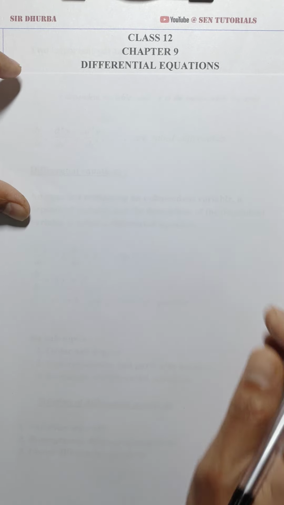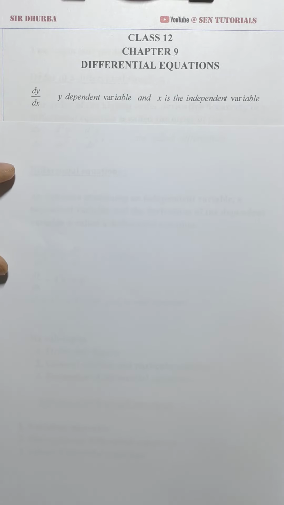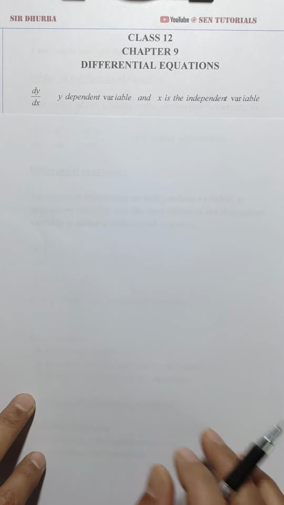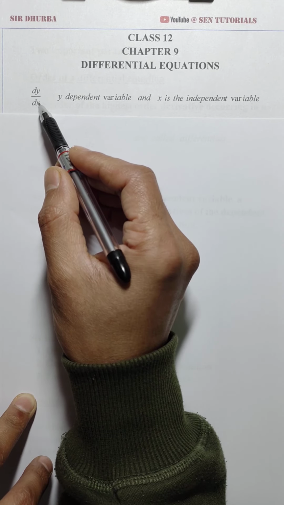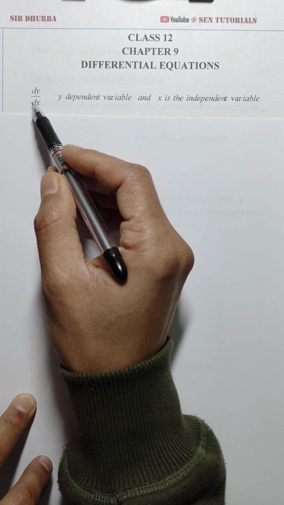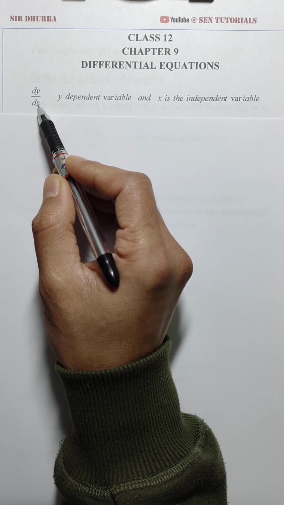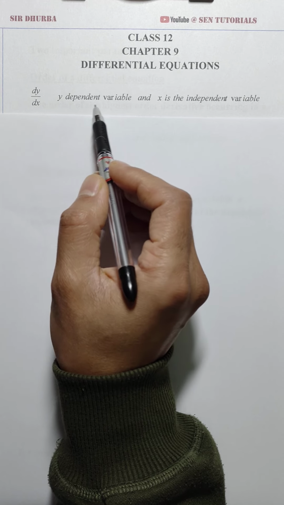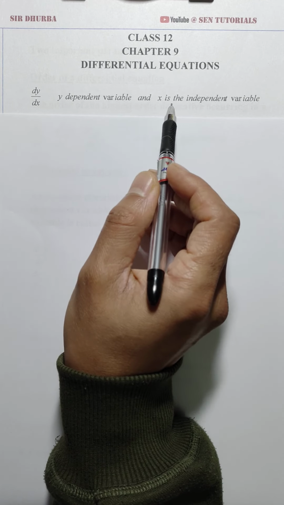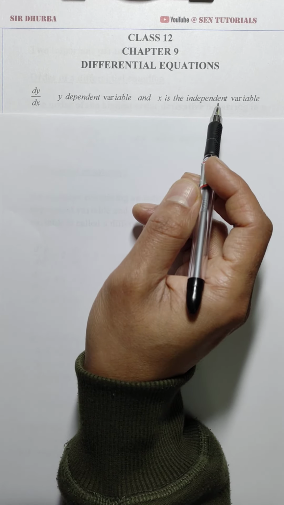Now see, as we know, we are all familiar with the term dy by dx, where this dy by dx actually represents change in y with respect to x. That clearly tells that y is a dependent variable here and x is the independent variable.